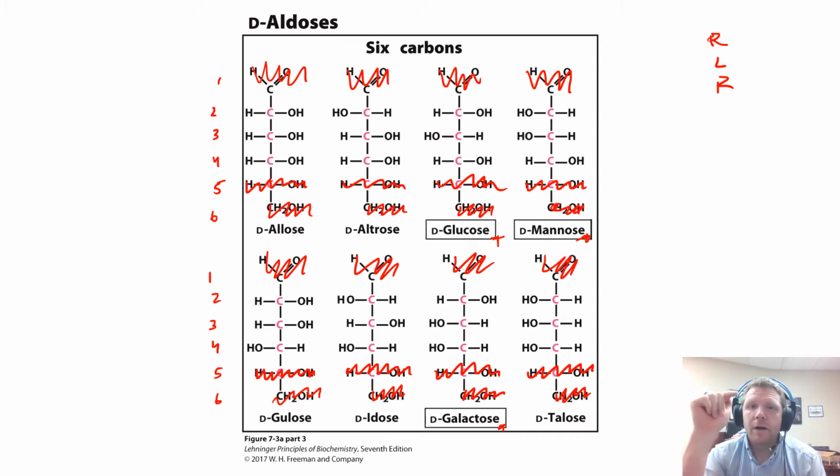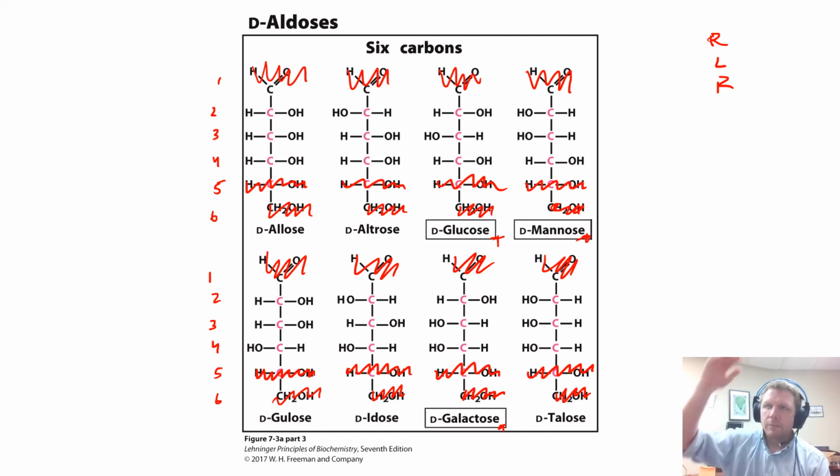I only need to worry about carbons 2, 3, and 4. And those have my hydroxide groups on the right, the left, and the right, starting from the top and going to the bottom. So I've got RLR in the back of my mind.